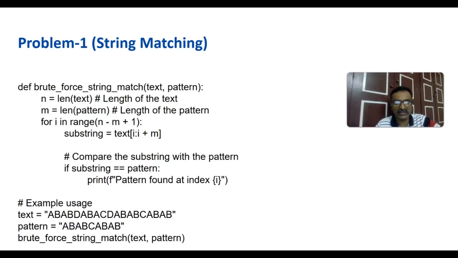The test case includes a lengthy text and the pattern ABABCABAB. Then I am calling the function with this text and pattern as arguments. They will be passed to the function, which will find the length of the text and the length of the pattern, compare each substring, check if the substring is equal to the pattern, and then print.